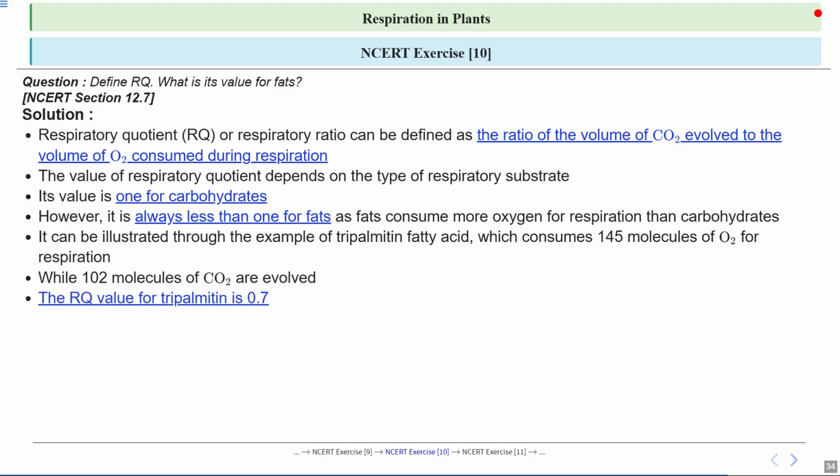So what will be the respiratory quotient value for tripalmitin? It will be 0.7, because it is the ratio of carbon dioxide evolved divided by oxygen consumed. So we have 102 divided by 145, which gives us a value of 0.7. So the respiratory quotient value for fats is normally around 0.7.